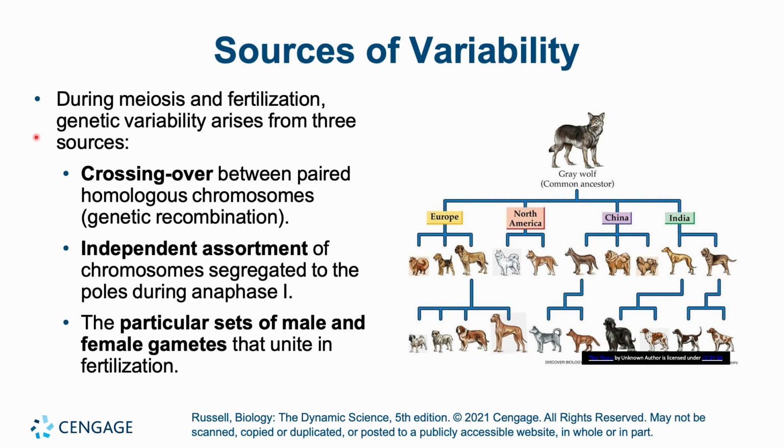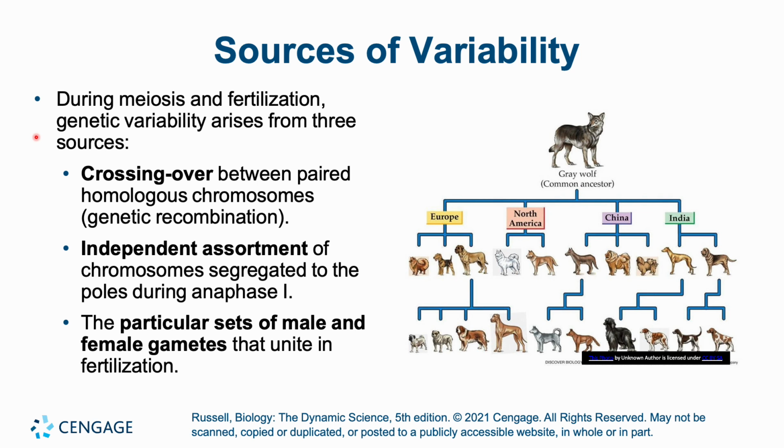And then next, after the crossing over, is the independent assortment that happens during anaphase 1. So, sa independent assortment, this just means that yung paghihiwalay nung tetrads natin or nung bivalents natin, it is randomized.